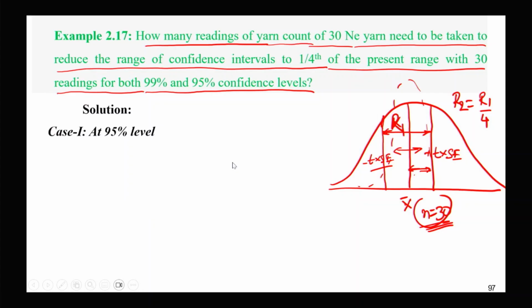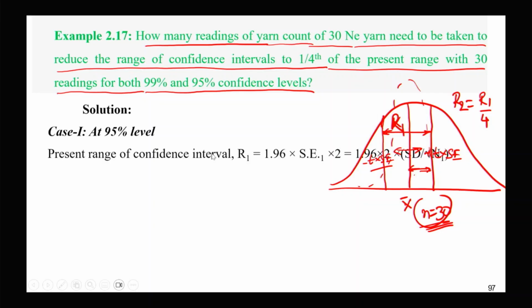At the 95% level, the present range of confidence R1 is 1.96, at the 95% level, when we are talking about a large sample, 1.96 into standard error 1, t into standard error 1. Okay, this is the plus side.